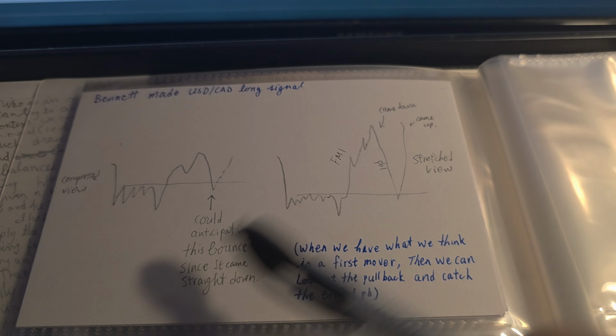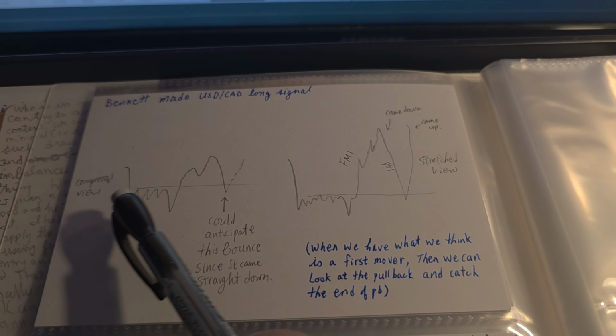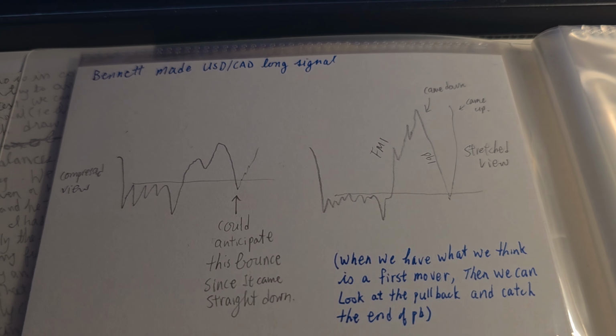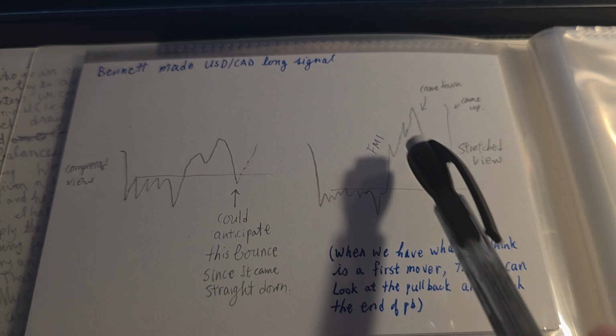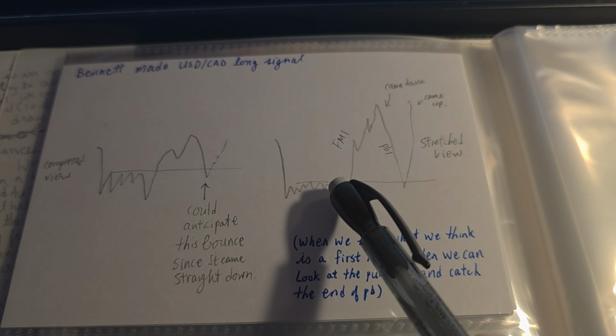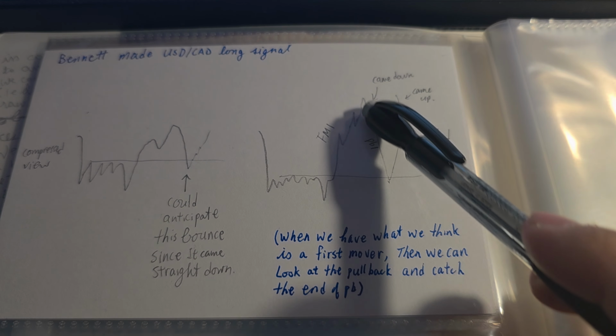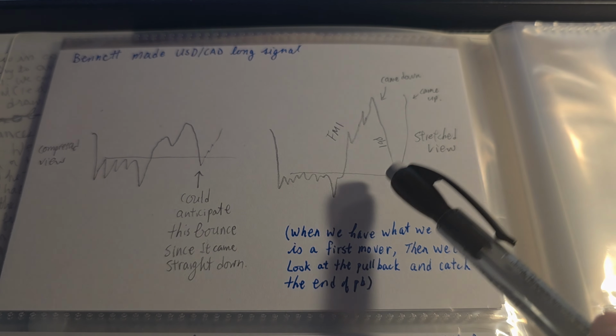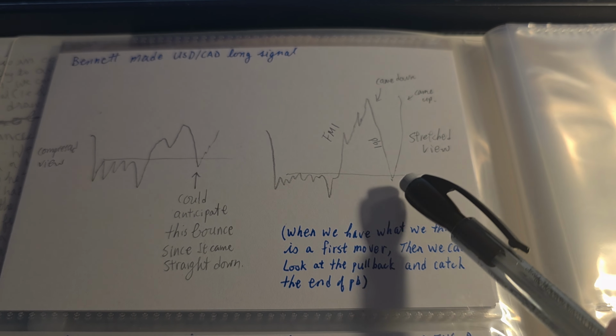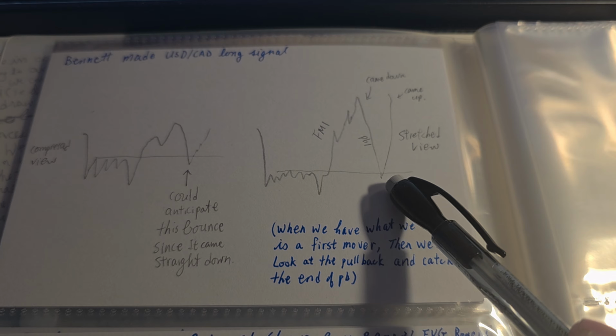We have the first mover. These two are the same picture, just compressed here on the 15-minute. Both are 15-minute. First mover, pullback. And the issue was I didn't recognize this as the pullback into this cluster right here.